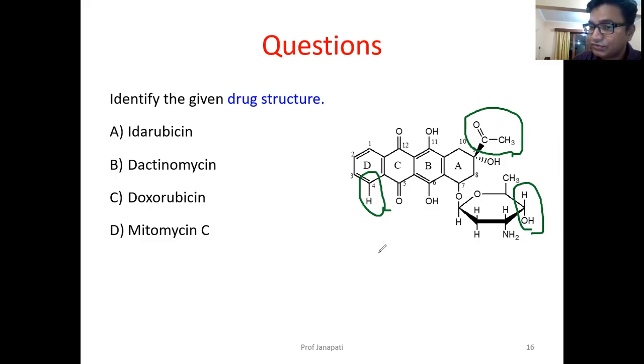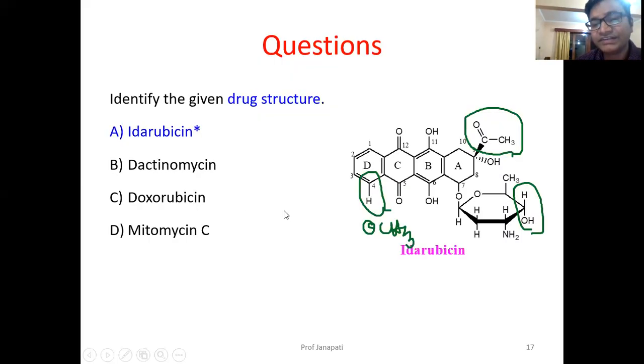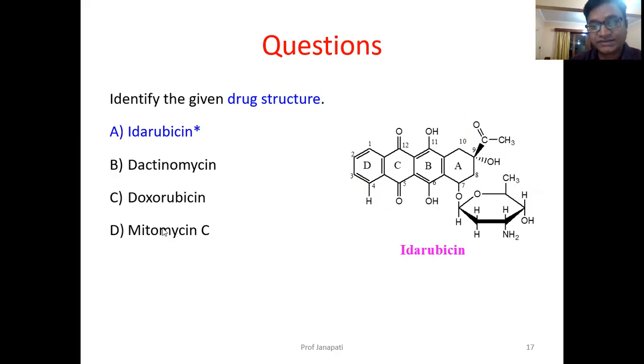If it were daunorubicin, it would have a methoxy group here. There is no methoxy group. That's why the answer is idarubicin. Idarubicin is the answer for the given structure.